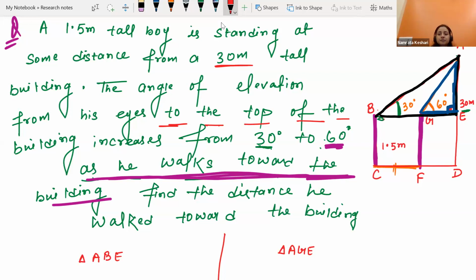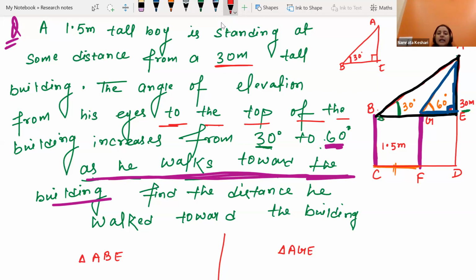Yes or no? A complete triangle named A, B, E. Here we are having 90 degree, here we are having 30 degree. This much only we can see.